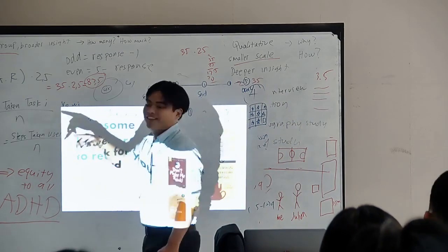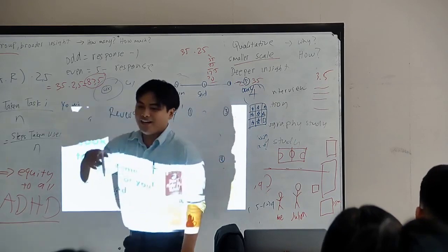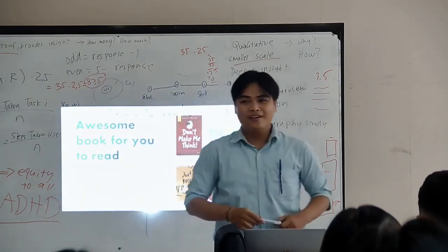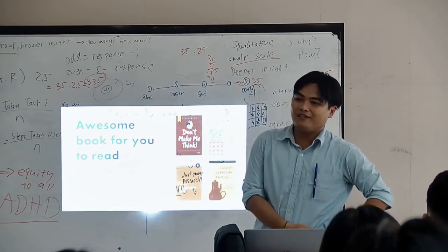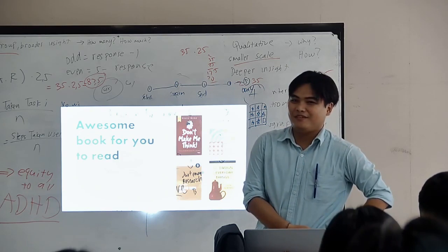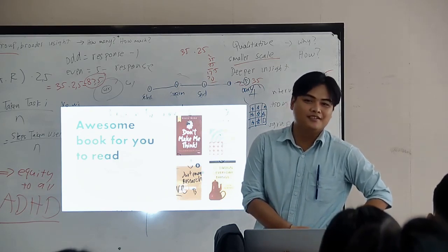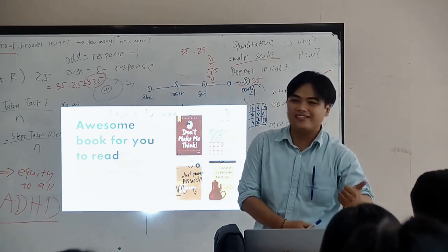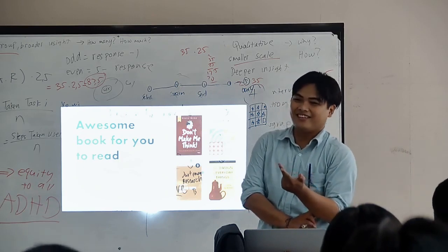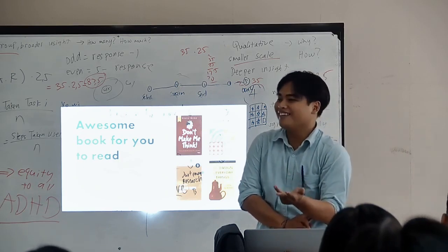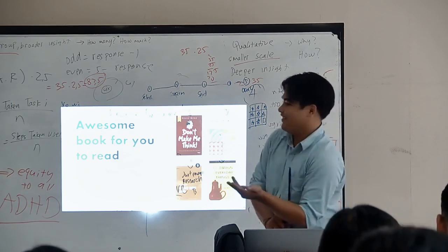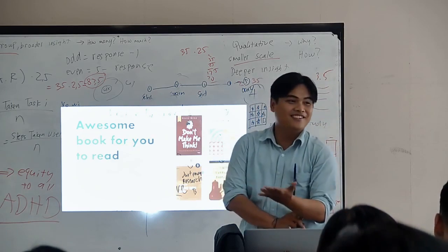For example, I tell you, you will not be able to get 80 on your final exam. What will happen to you? Scared, sad, cry, accept the situation. 5 stages of grief.